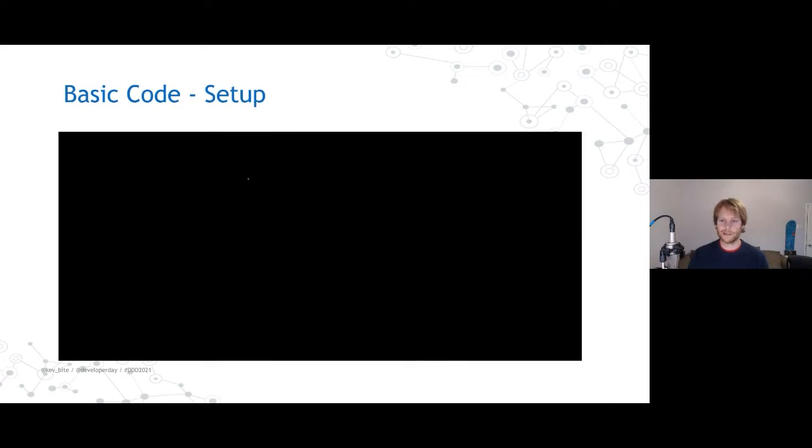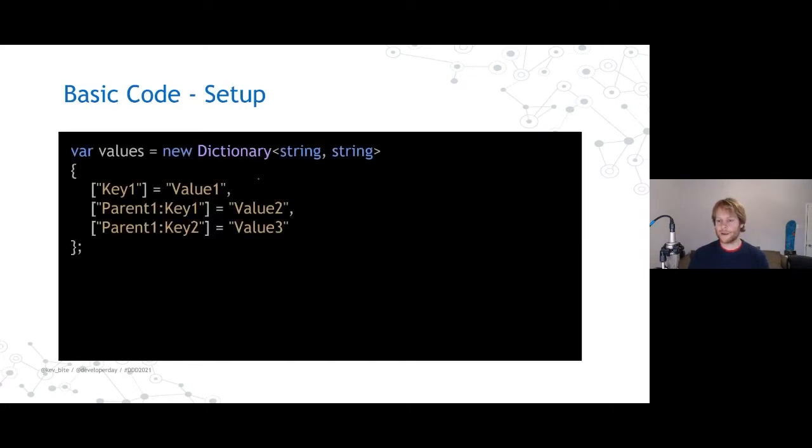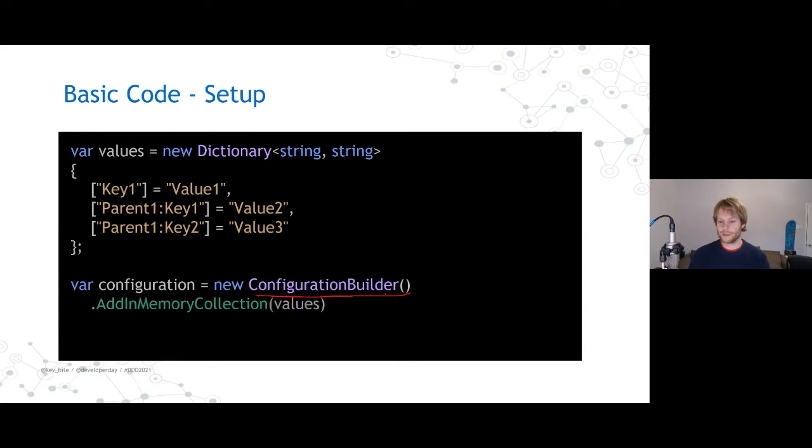So for the basic code setup, you can create an in-memory configuration by just creating a dictionary and passing it to a configuration builder. The configuration builder is how we create a configuration. It has a fluent interface, so we can call an add method on it, and we'll show you more of these later down the line.